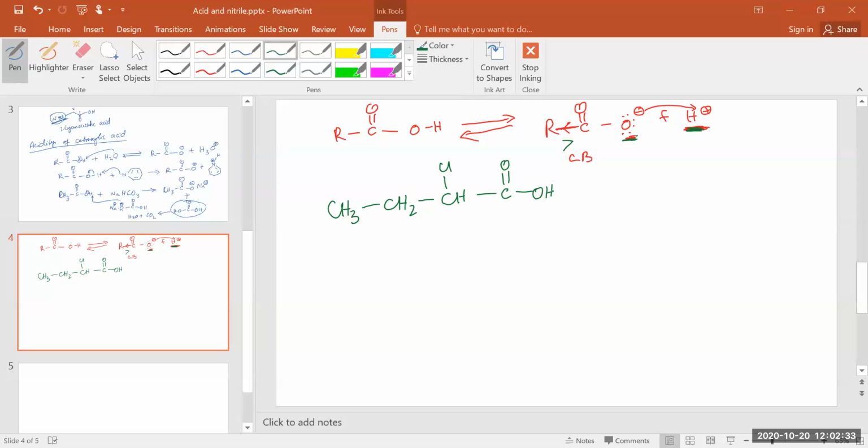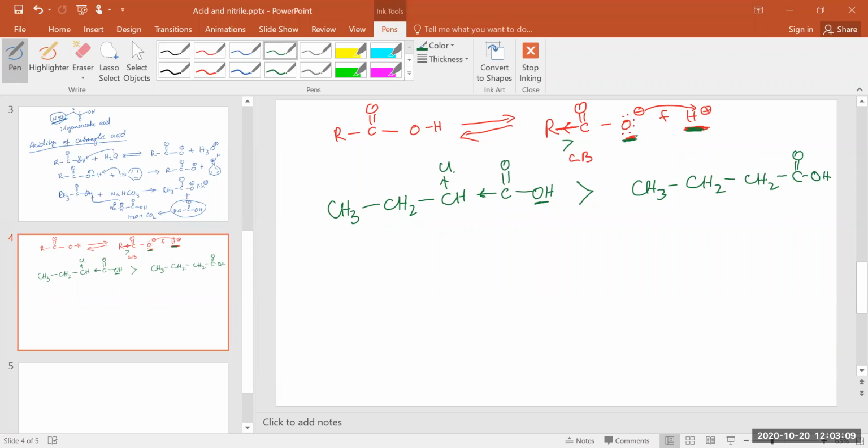Here Cl is electron withdrawing, so it will withdraw the electrons through the sigma bond towards chlorine, and that will make the conjugate base, O minus, more stable. So this is more acidic than CH2CO without the chlorine.